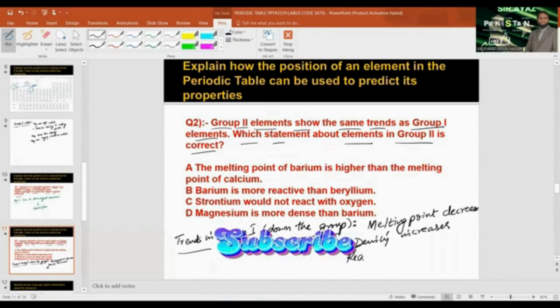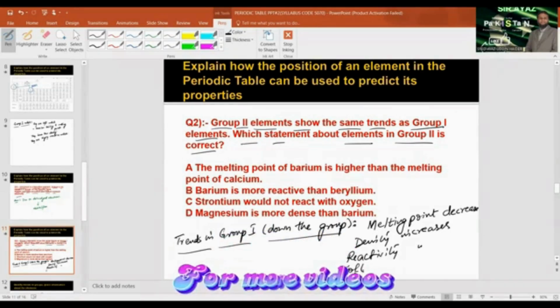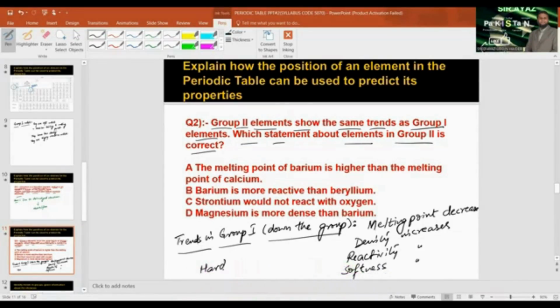Reactivity increases. You can say softness increases or hardness decreases. So I am going to read all the statements one by one, then we will decide which of these statements are correct.